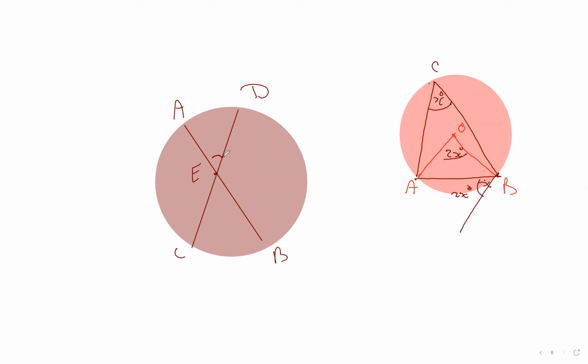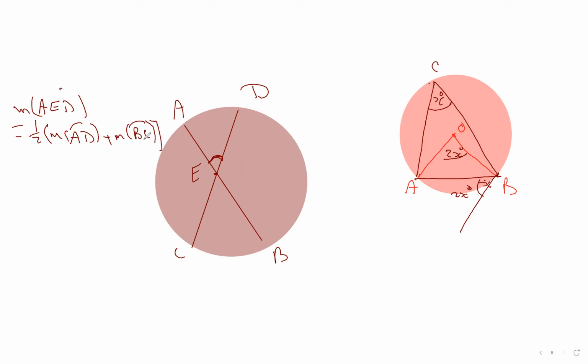This angle is produced from the intersection of two chords inside the circle. So the measure of this angle, angle AED, equals half the sum of the opposite arcs: half the measure of arc AD plus the measure of arc BC.